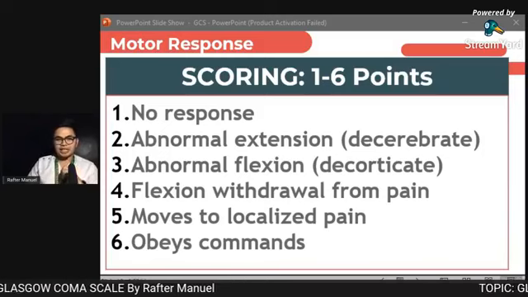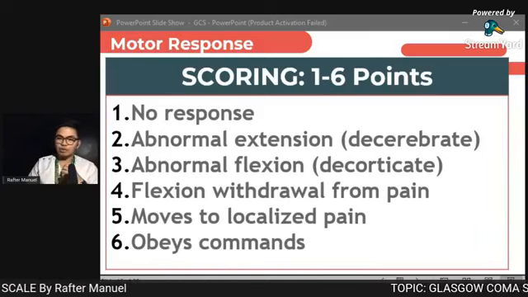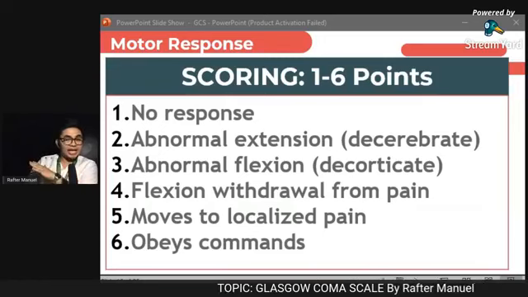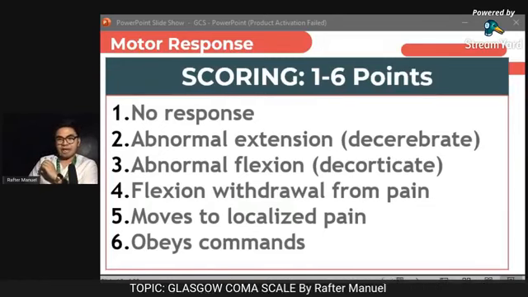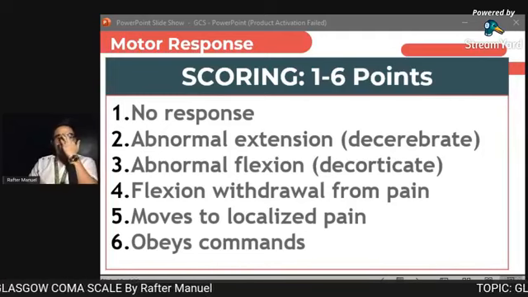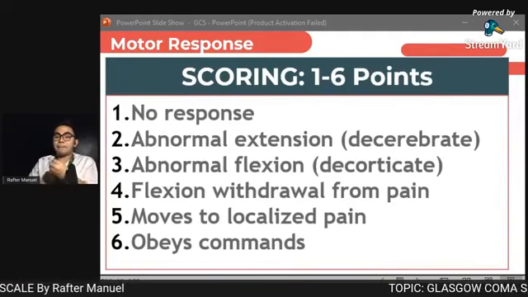In the case of a patient who is attempting to identify and remove the stimulus away is 5 points. Okay, 5 points po ang ibibigay ninyo. This is where your patient is localizing to the pain.